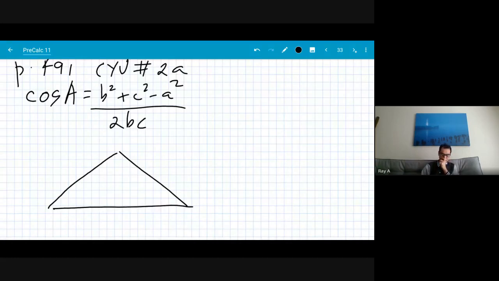So let's say this is KMN. It says here KM is 16, so this is 16. MN is 6, so this is 6. KN is 11. Now this is not to scale. You might say, how come 11 is longer than 16? It doesn't matter.